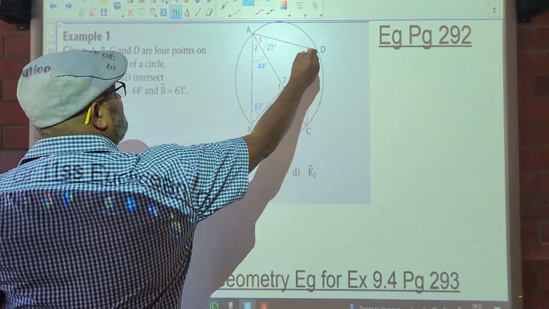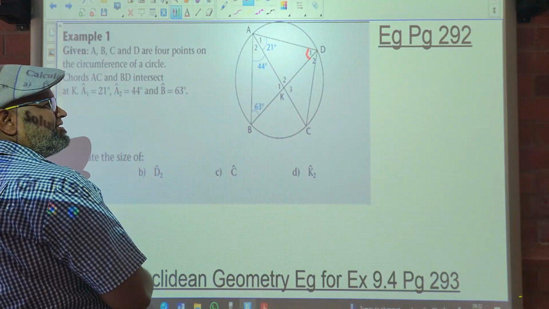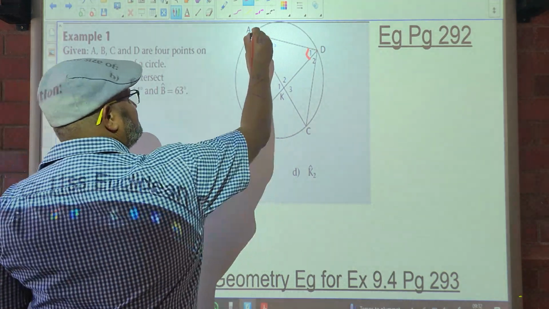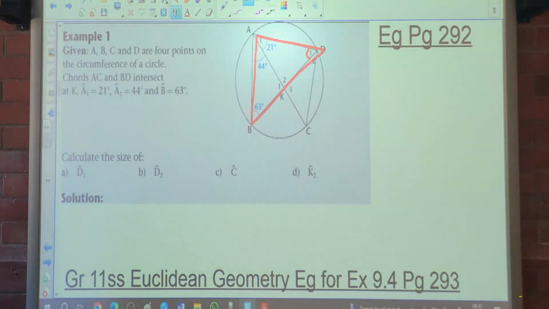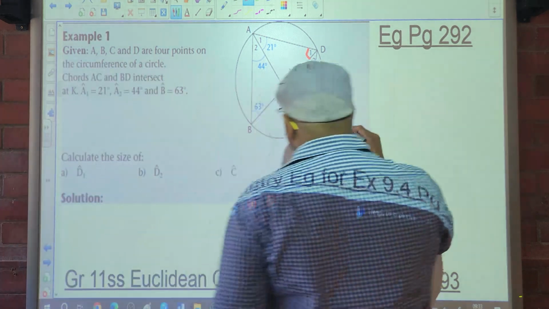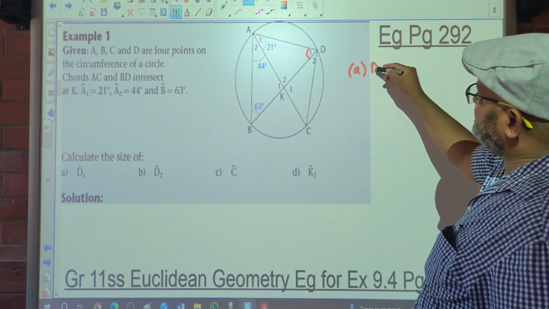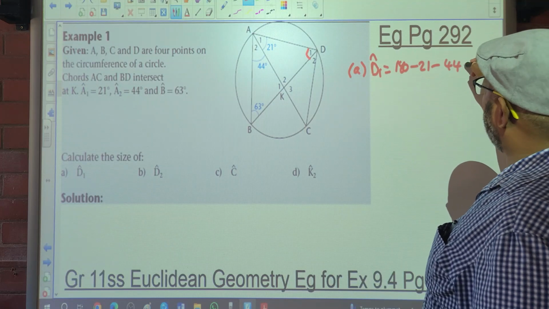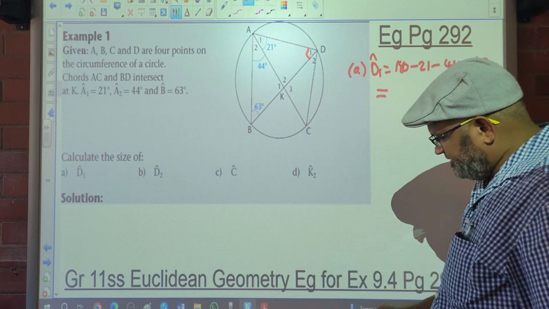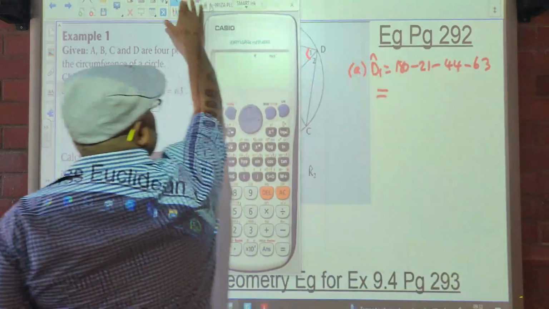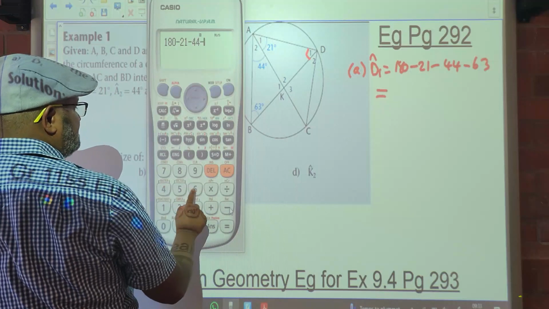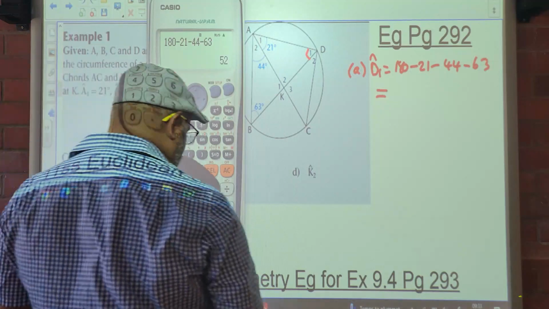We're going to calculate angle D1. It's really simple, sum of triangles. So angle D1 is equal to 180 minus 21 minus 44 minus 63, which gives me an angle of 52 degrees.